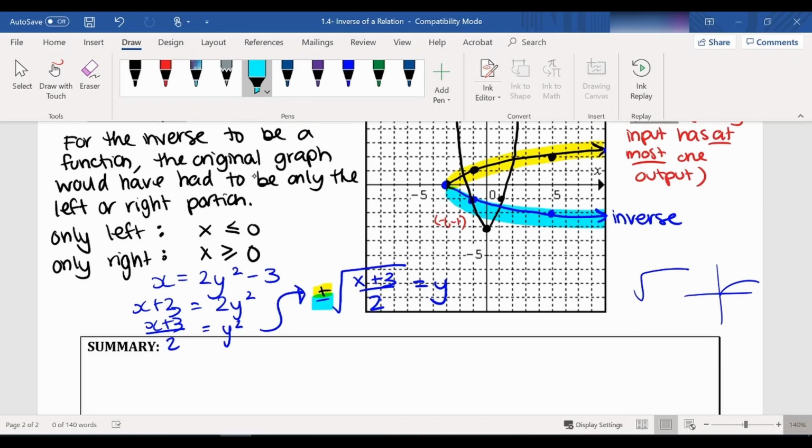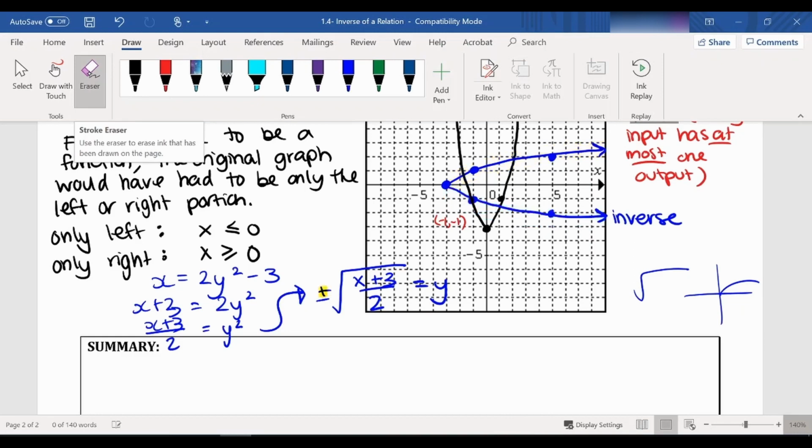The top is like a root graph that has moved to the left by 3 and been compressed or expanded by a factor of 2 horizontally. The bottom part has also been reflected. Okay, so our equation does match our graph here. Let's get rid of all this because it's quite messy. Okay, if you wanted to go based on an equation, you could.